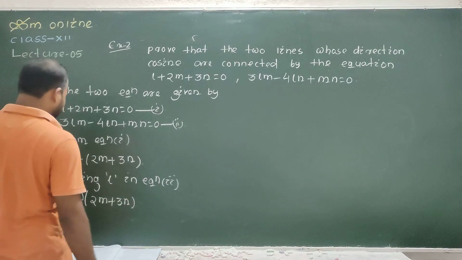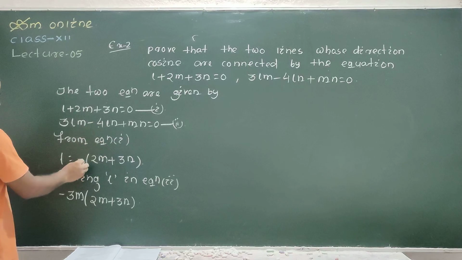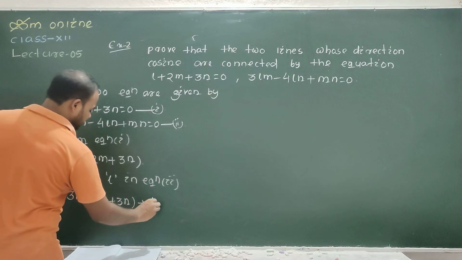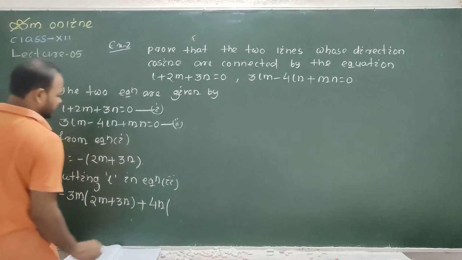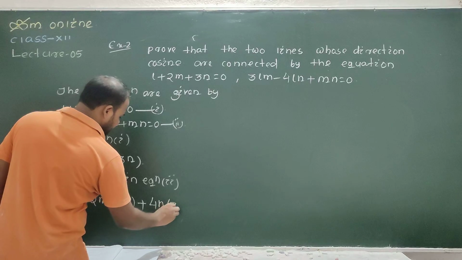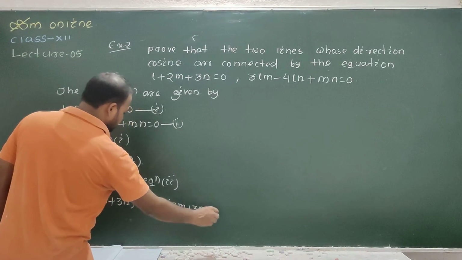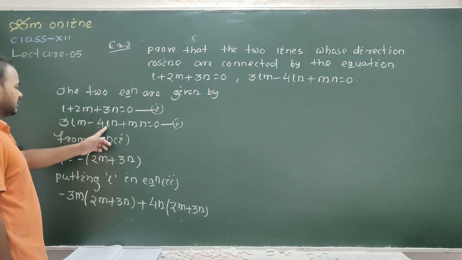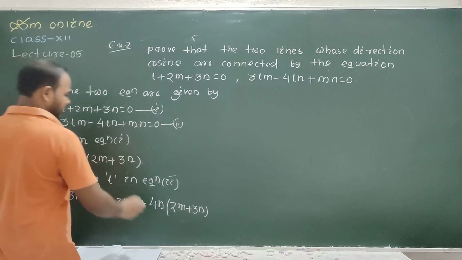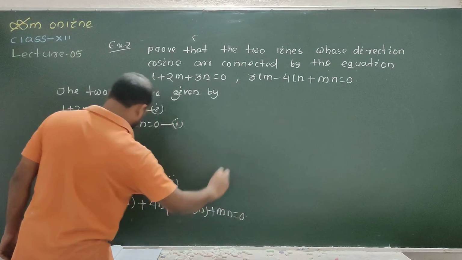Then minus and minus, plus 4n into 2m plus 3n. Now this is what? mn.